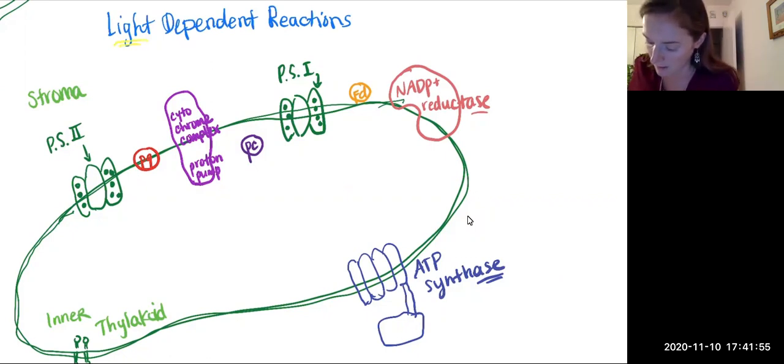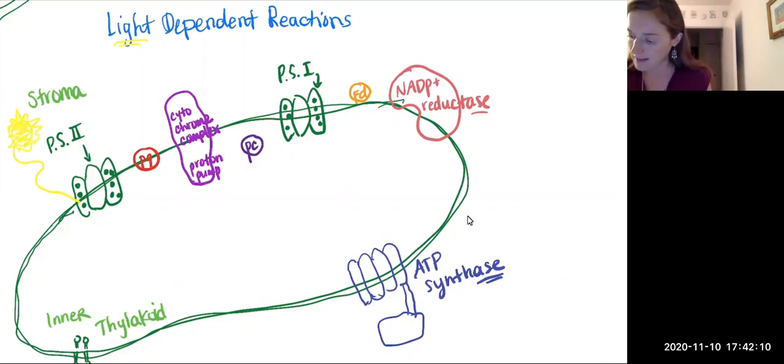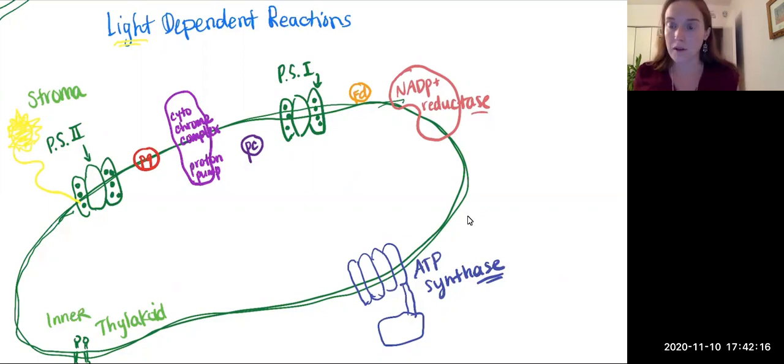So the first thing in this process that we're going to see happen is sunlight hits the photosystem and it excites the electrons inside of chlorophyll. So when you did the flame test lab in chemistry, you excited electrons in some kind of salt and they jumped up into a higher energy level, but they had nowhere to go.